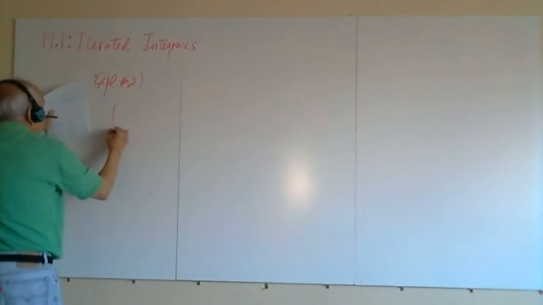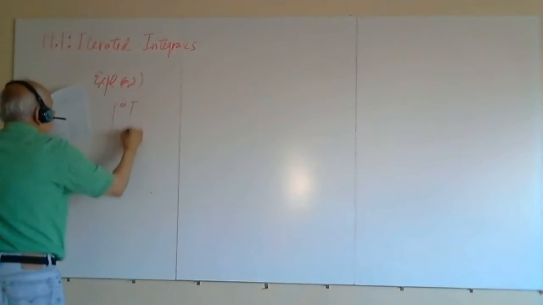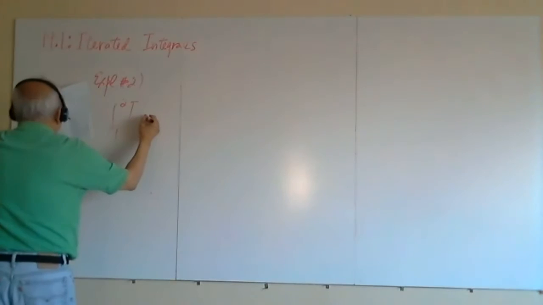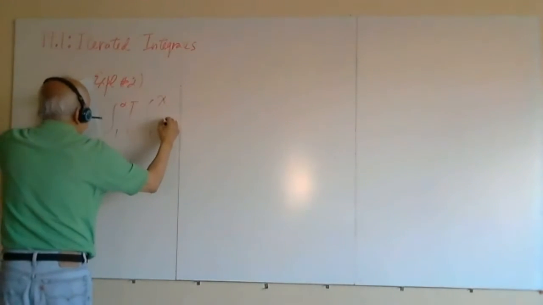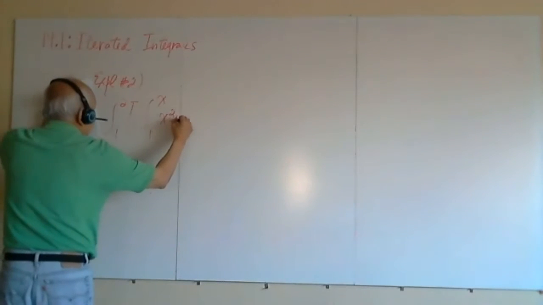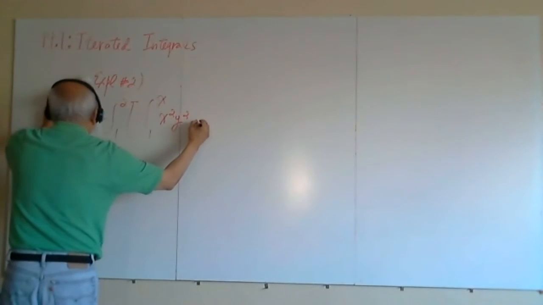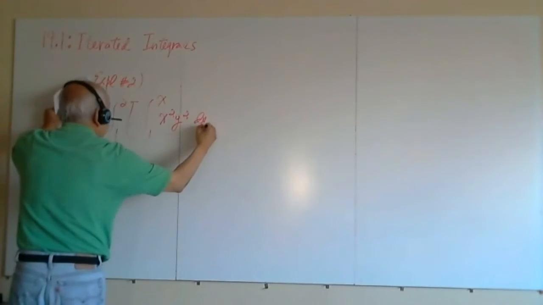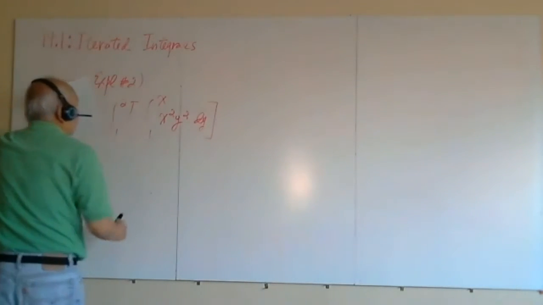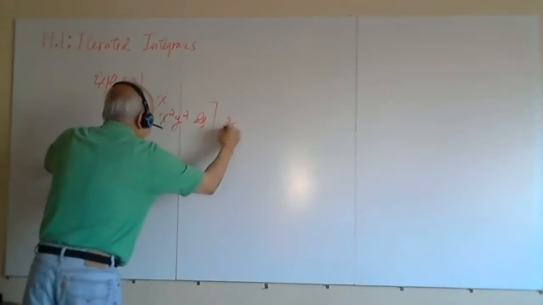So it's the integral from 1 to 2, and then the integral from 1 to x squared of y squared dy, close bracket, dx. Did you see it?